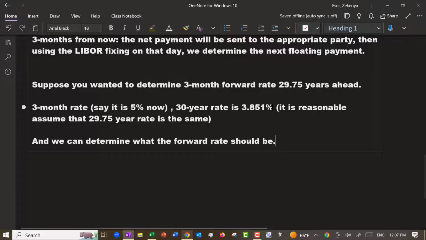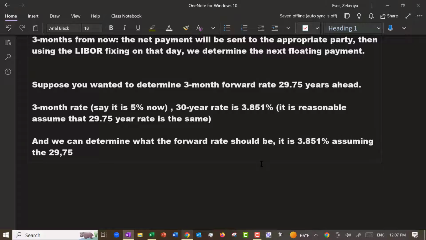If those two are the same, then the forward rate would be 3.851%, assuming they won't be exactly the same, but it's close enough.